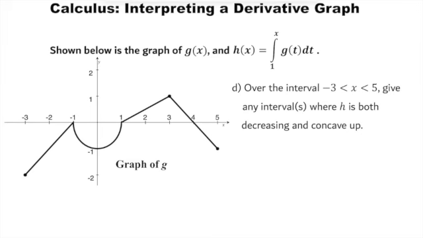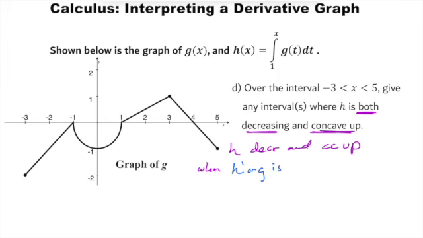Anyway, so part D here, another kind of classic, is a little combination of the last couple ideas, and that is where is h, given interval where h is both decreasing and concave up. So, h will be decreasing and concave up. Again, when h prime, or g, is, and h will be decreasing when its derivative is negative.